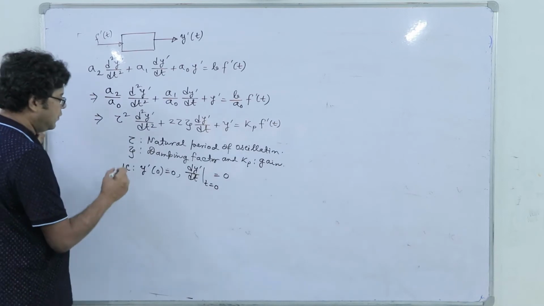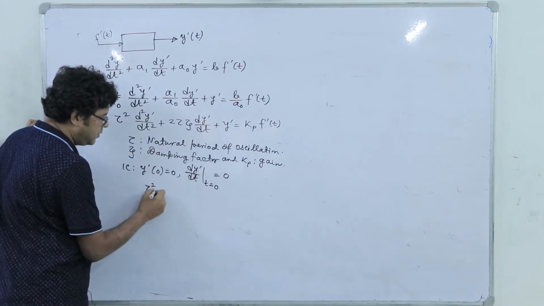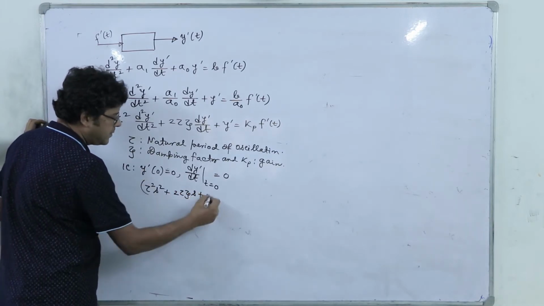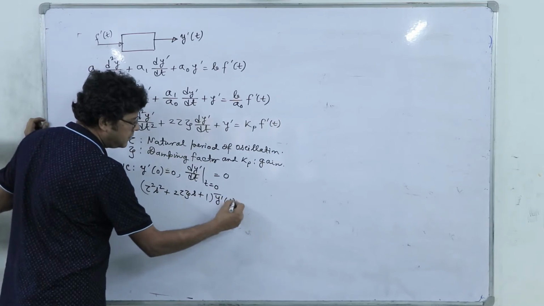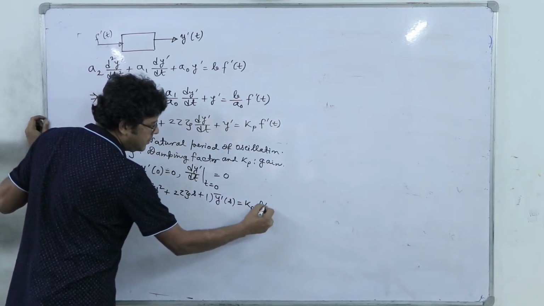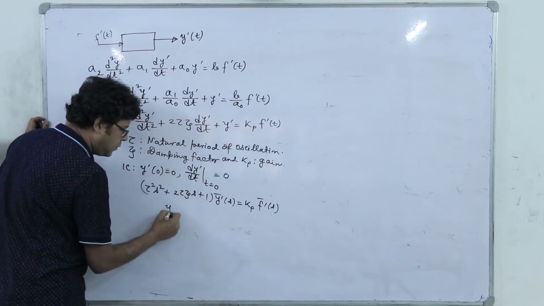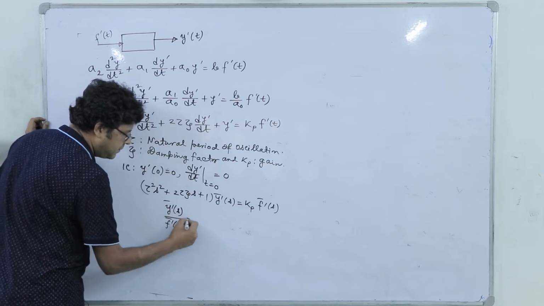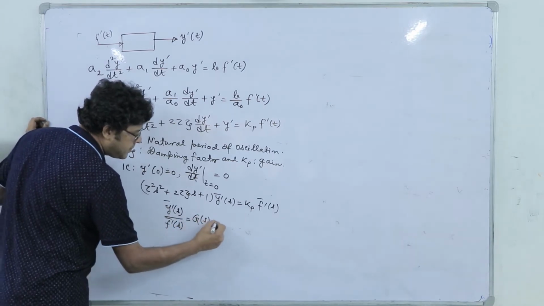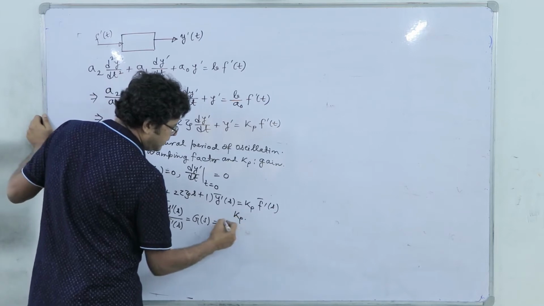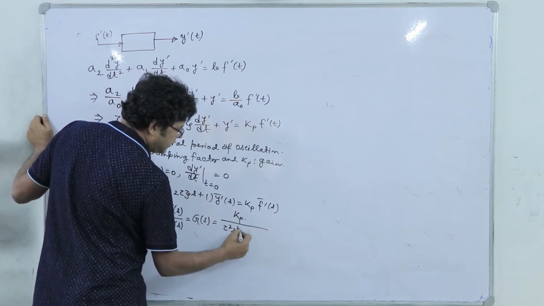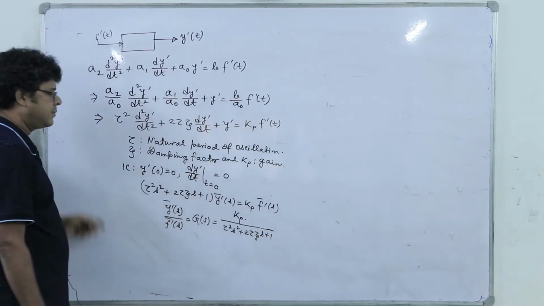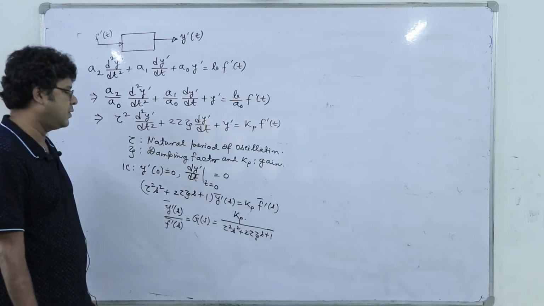With that consideration, if I take the Laplace transform, it will be tau square s square plus 2 tau zeta s plus 1, whole bracket, y prime bar s equals Kp into f prime bar s. So y prime bar s divided by f prime bar s, that is the transfer function, is Kp divided by tau square s square plus 2 tau zeta s plus 1. That is the transfer function of a second order system.